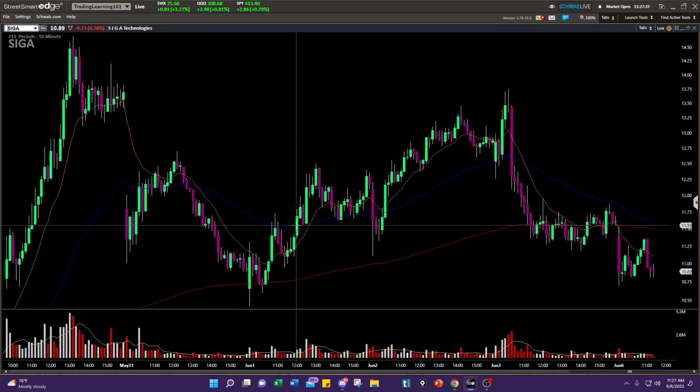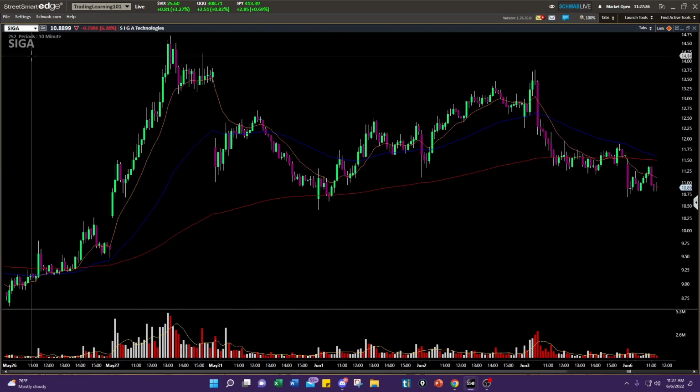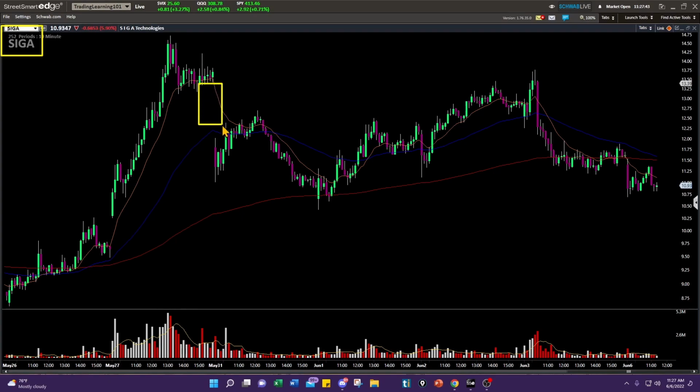I remembered one of them. So you see here SIGA, the ticker SIGA. Recently we had a little gap down right here with the error in the chart. Prices came down, we came back up, we've had resistance here, we fell back down lower, we came back up, found resistance again, came back down. Then we had a nice little run up right here.